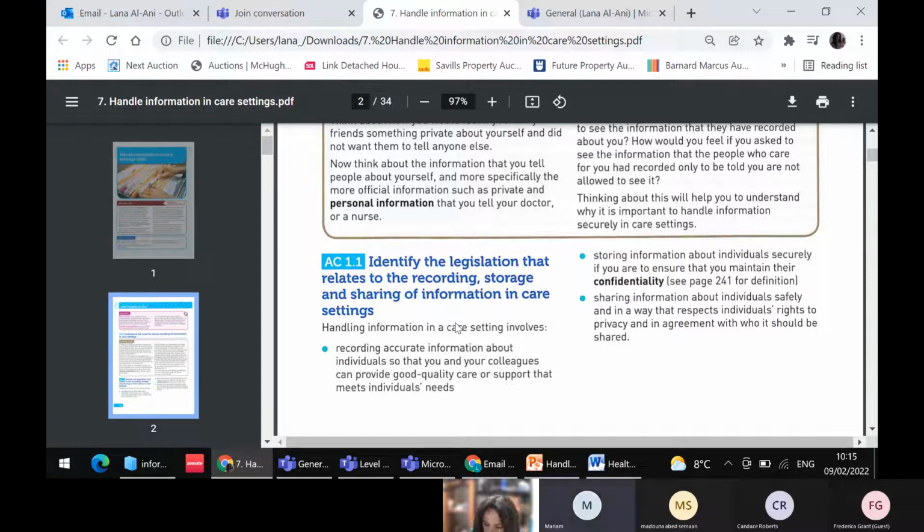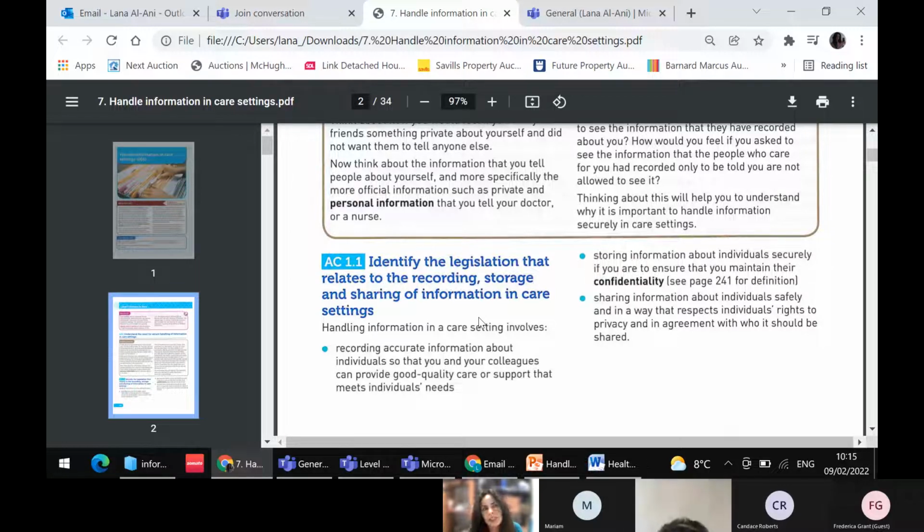Yes. And also, we shouldn't pass their information to anyone else. Do you remember how we can pass their information? First of all, it should be on a need to know basis. Yes. So you don't pass everything, you just pass the information needed, and also you need consent from the person himself or herself.